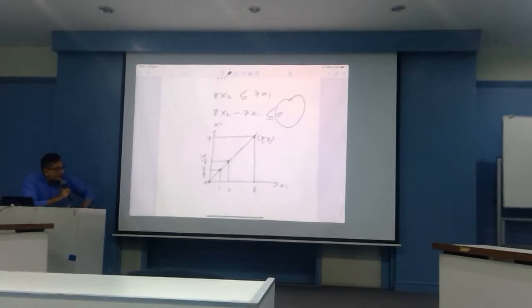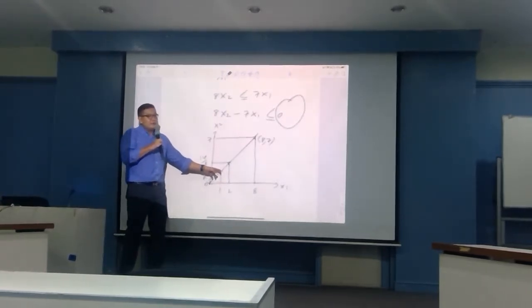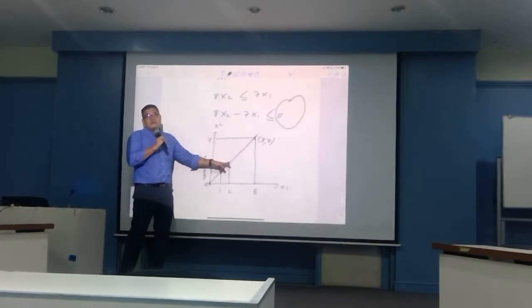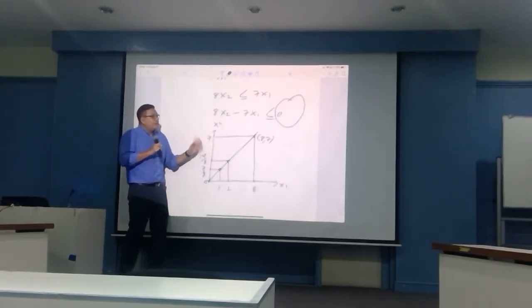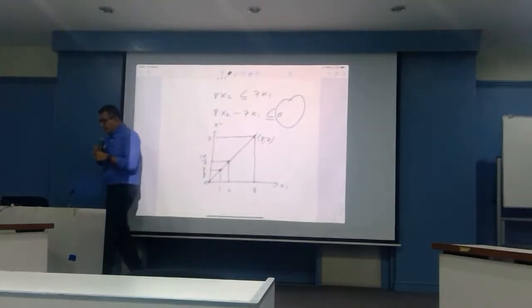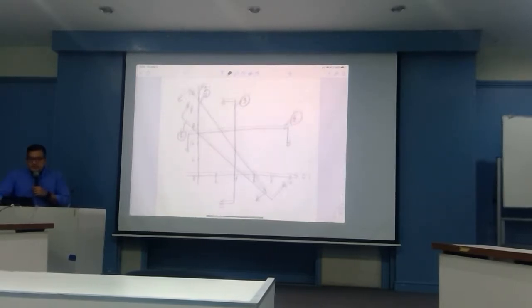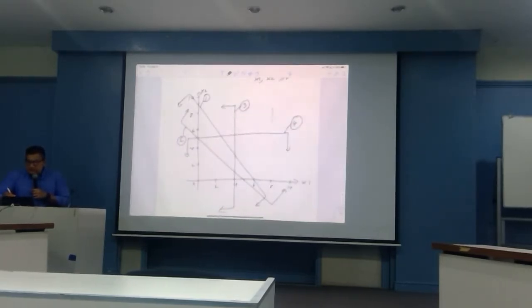You can use another point, any point, like 7 over 8 or 14 over 8. That's fine. But for me, I prefer the integers 8, 7. So x1 is 8, x2 is going to be 7. Here, this is x1 equal to 8, and this is x2 equal to 7.